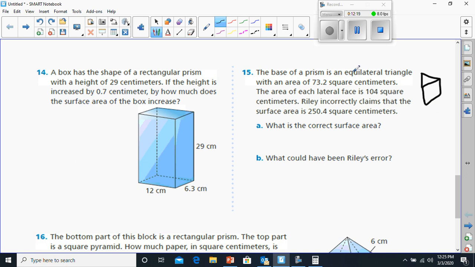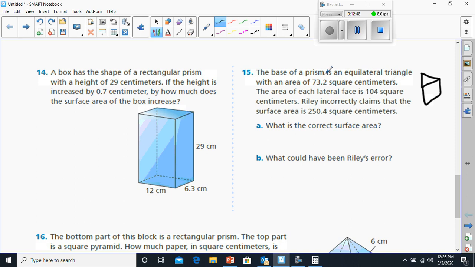And now it says, with an area of 73.2 square centimeters, the area of each lateral face is 104 square centimeters. Riley incorrectly claims that the surface area is 250.4 square centimeters. What is the correct surface area?